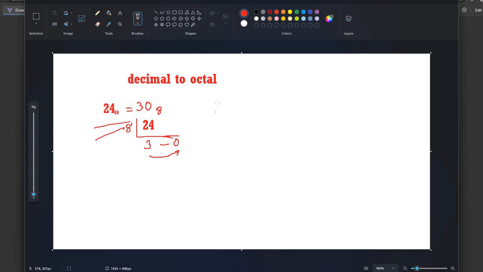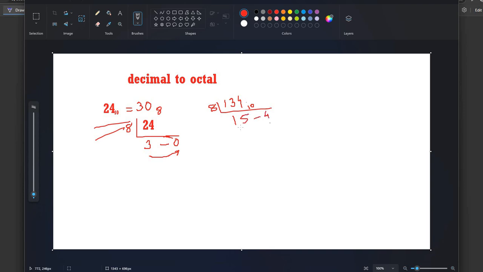Okay, did you understand? Let's take another example. Suppose 134 to the base 10. Let's try to convert this. We will divide it by 8. 8 ones are 8, 9 10 11 12, 4 will be there, 44. 8 5s are 40, right?